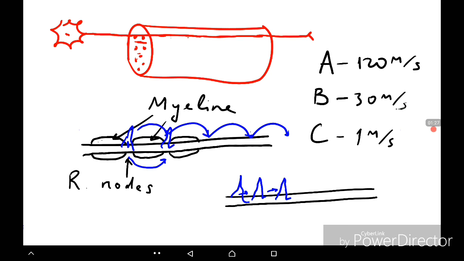Gasser and Erlanger registered the action potential of the nerve. They stimulated the nerve at one part, so all nerve fibers were involved in the excitation, and excitation propagated along the whole nerve trunk. And when they measured the action potential apart from the place where stimulation was given, they got a picture that reflects the action potential of the nerve trunk.